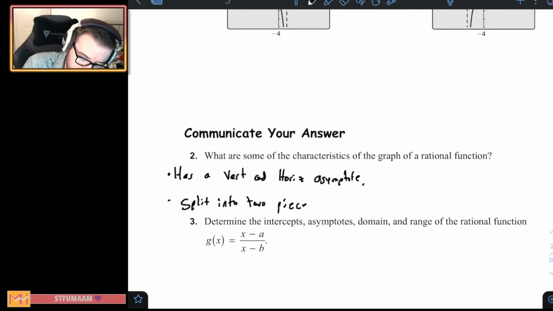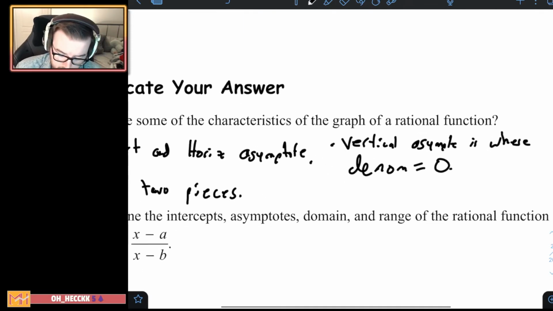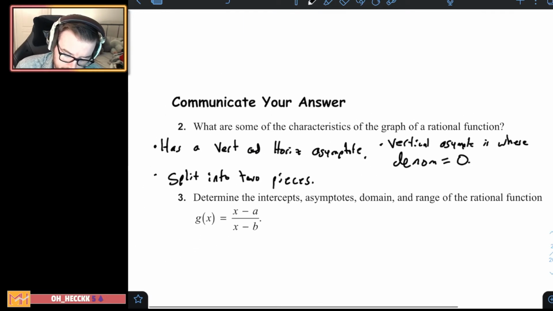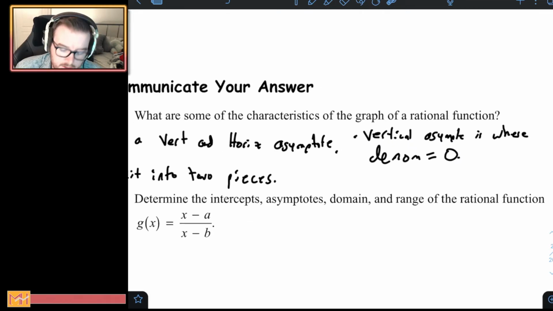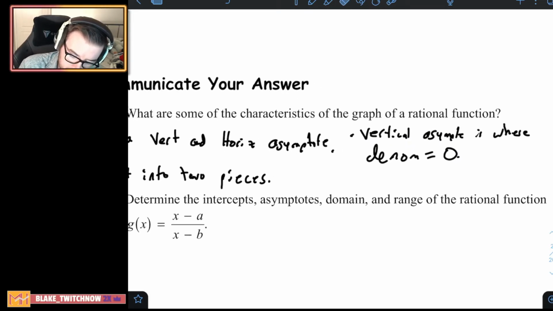It's kind of split into two pieces. Vertical asymptote is where the denominator equals 0. So it has a vertical and horizontal asymptote, and that vertical asymptote is when the denominator equals 0.